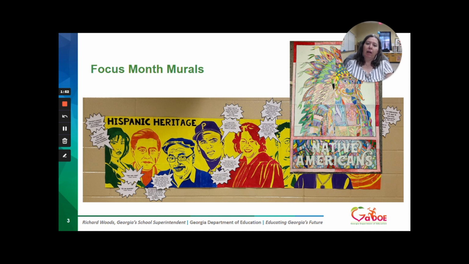It took about a class period or two to get these completed, and then we would put them together. I would tape them together on the back just with masking tape, and then we would use painter's tape to hang these on the wall. And they would stay up for the entire month that was whatever that focus month was about.